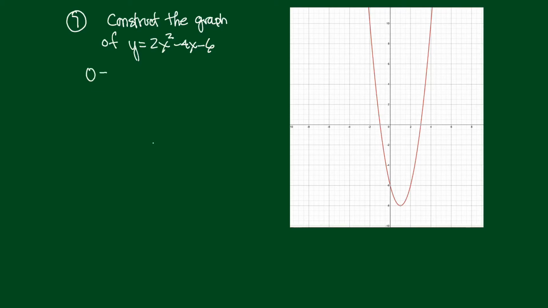So 0 equals 2x squared minus 4x minus 6. Now this is solving a quadratic equation, which we've done before. So we'll try factoring. Now I see there's a 2 common to each one of these terms, so let's factor that out first. 0 equals 2 times the quantity x squared minus 2x minus 3. Now I think we can factor that trinomial.